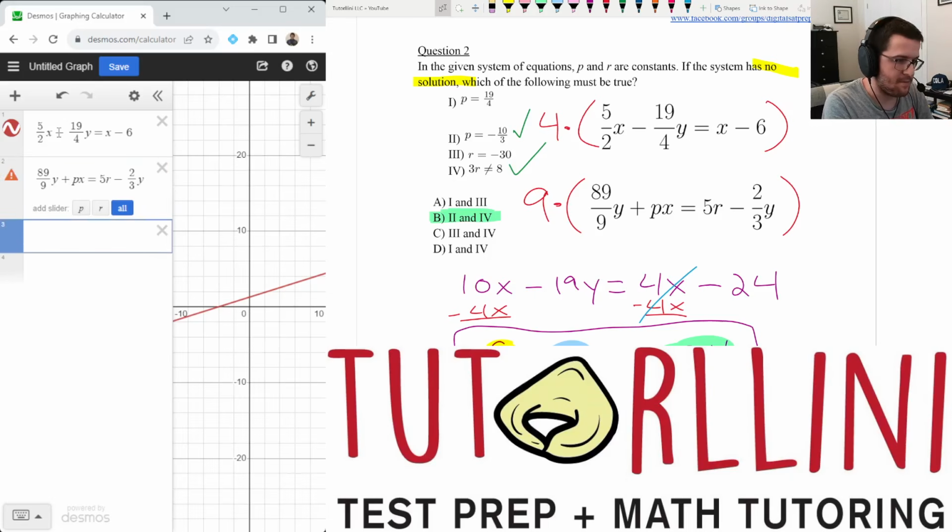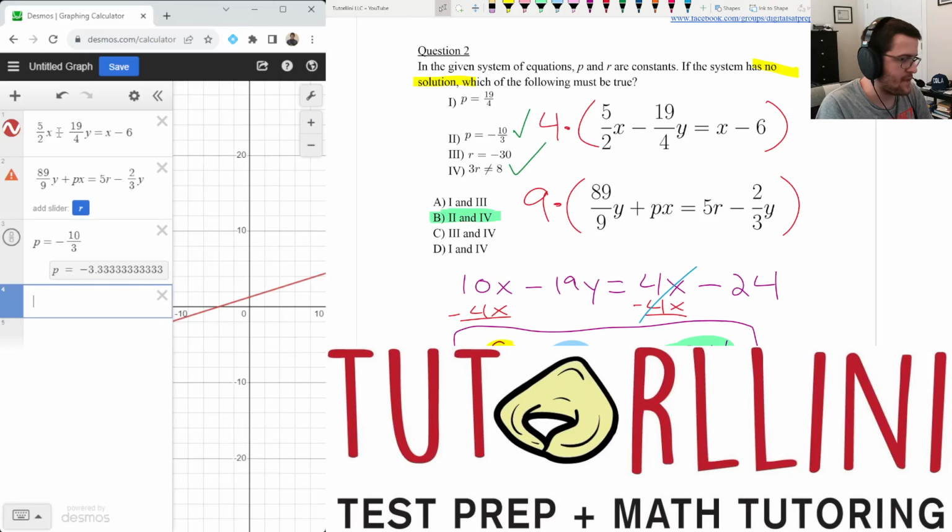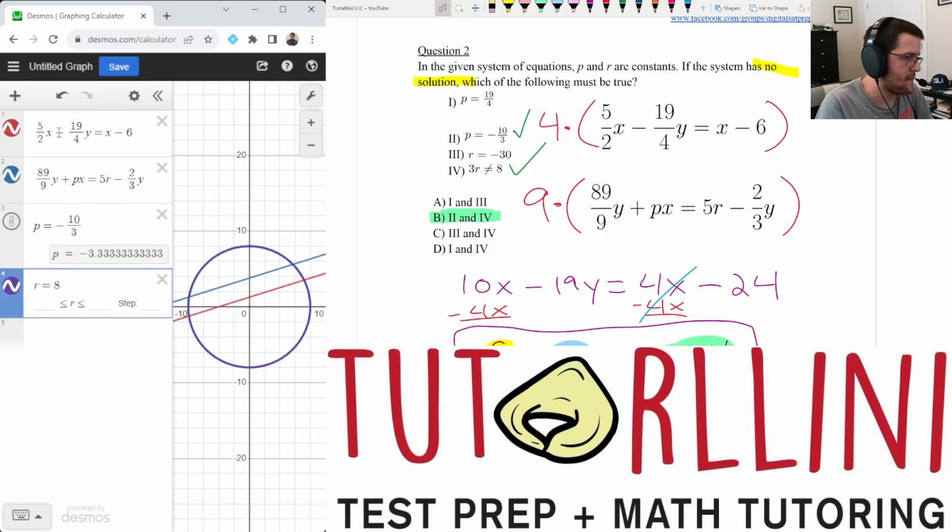And I'm going to do p equals negative 10/3. And now I'm going to do r equal to, let's say, 8. And let's not graph that.